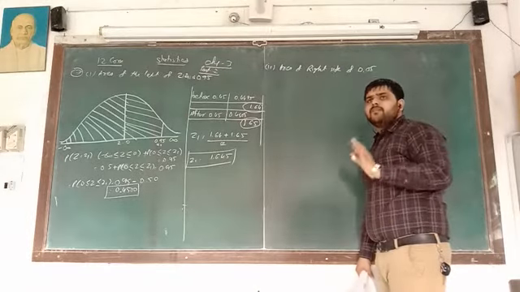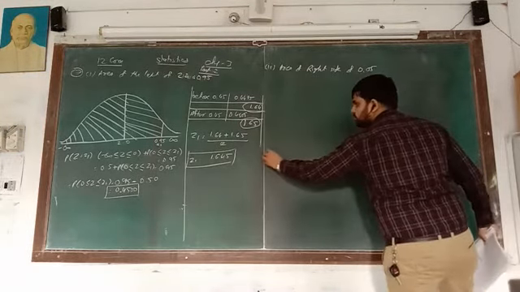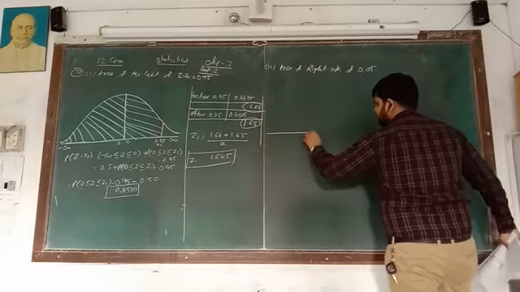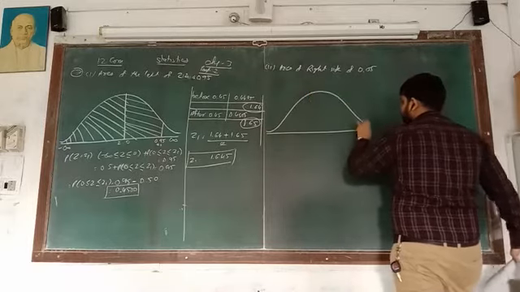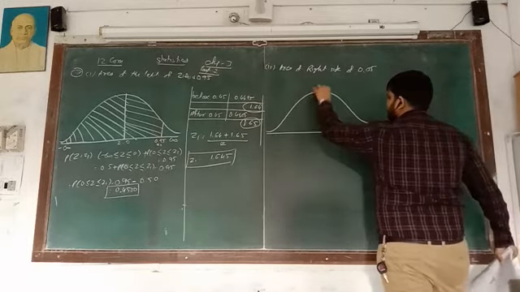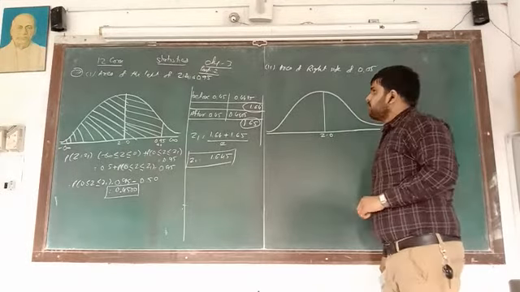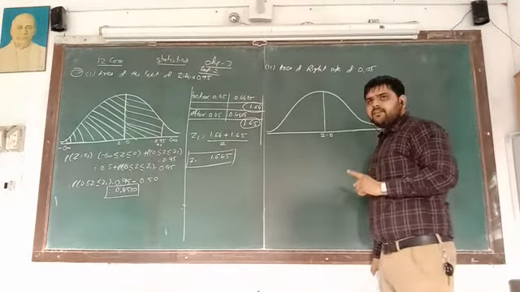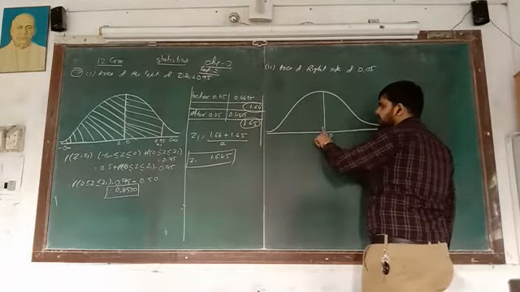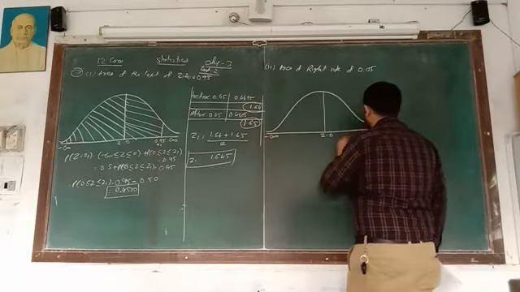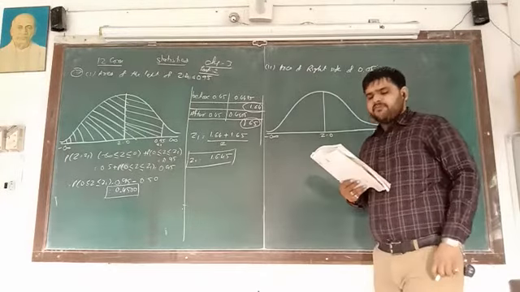We have to draw a bell-shaped diagram. Let us see over here. This is the bell-shaped diagram. Z is equal to 0. Now, as we know, each half portion, from minus infinity and to plus infinity, is 0.5 and 0.5.